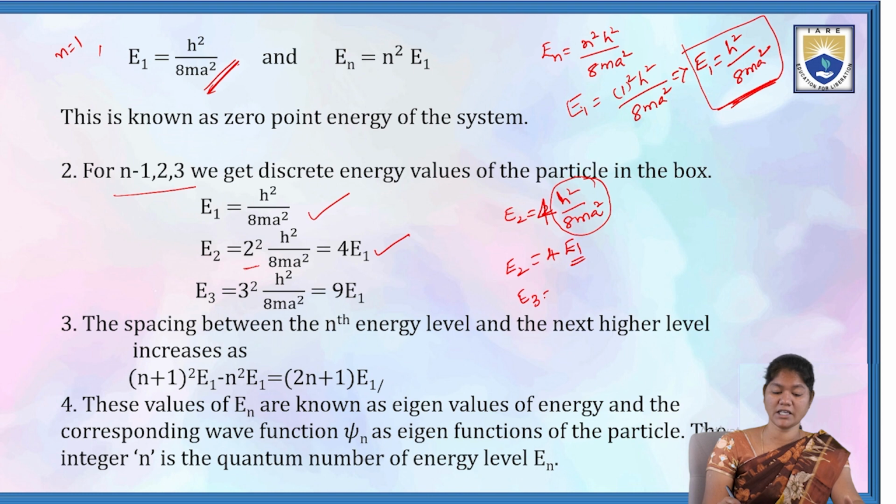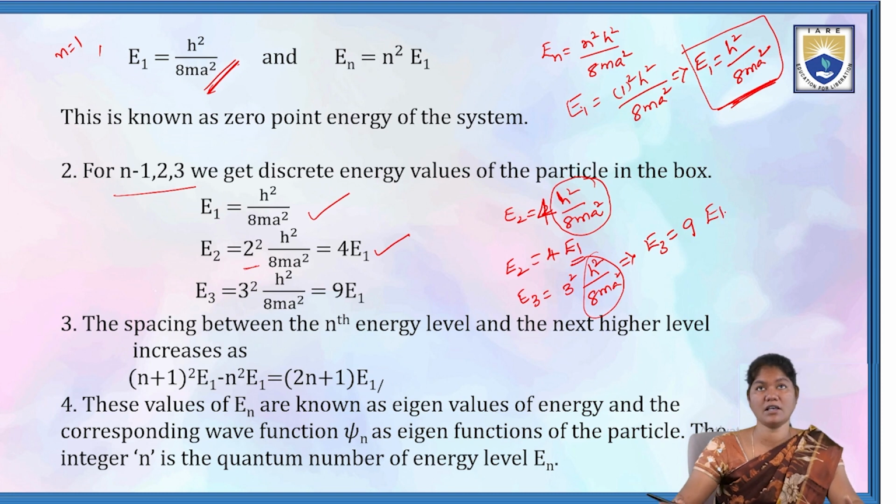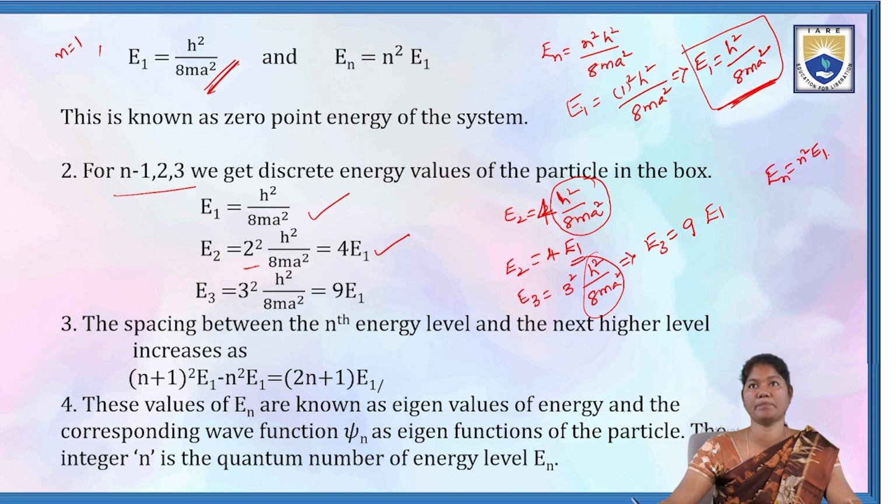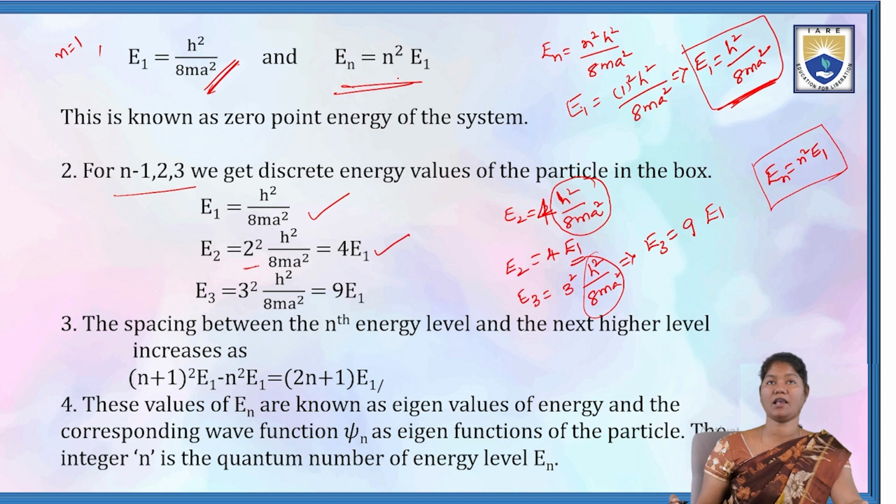So as like that, E3 is equal to 3 square h square by 8ma square. So E3 is equal to 9, since h square by 8ma square is the same as E1. So 9E1. So we can write commonly En is equal to n square E1.